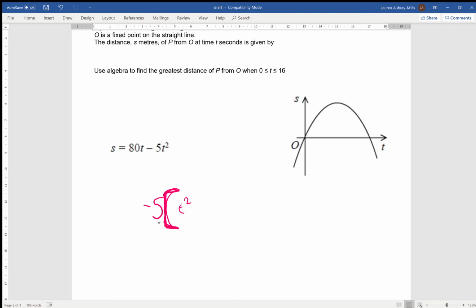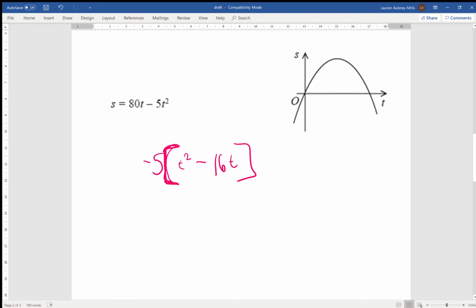And then minus, because obviously you're dividing by minus, so this 80 actually becomes negative instead of positive. You need to be careful of that. And so that would be -16t. There's no constant term now, it's just t squared and t.